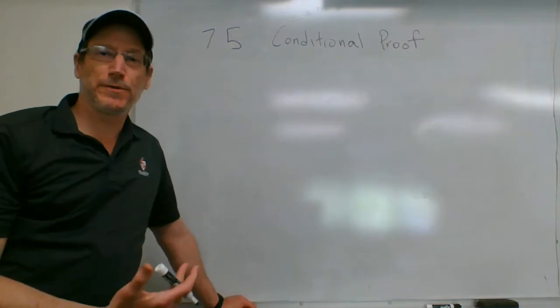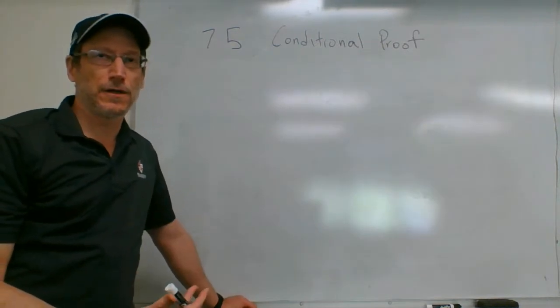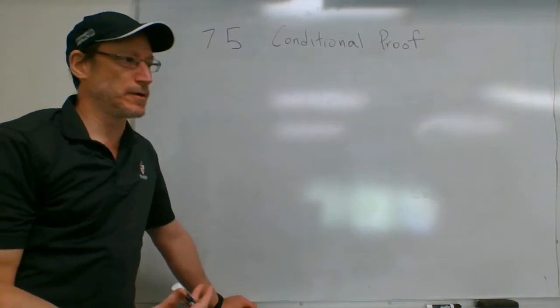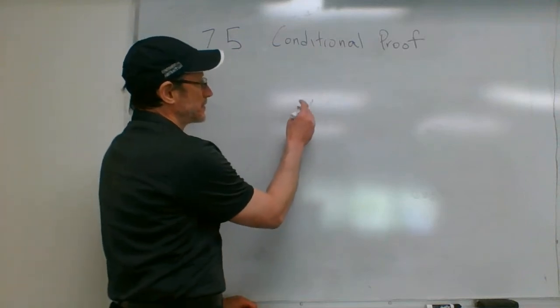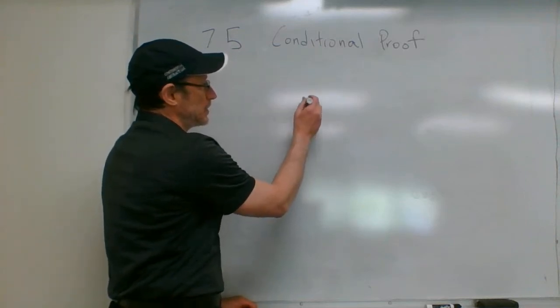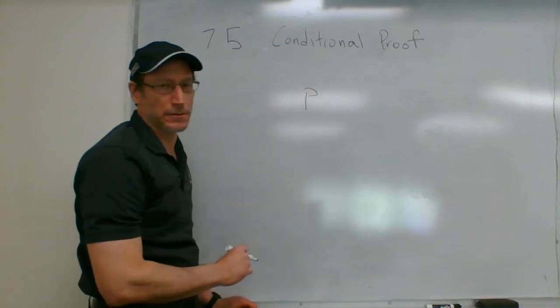Essentially, if we were to represent conditional proof using our symbols, we would say something like this. Conditional proof allows you to make an assumption.